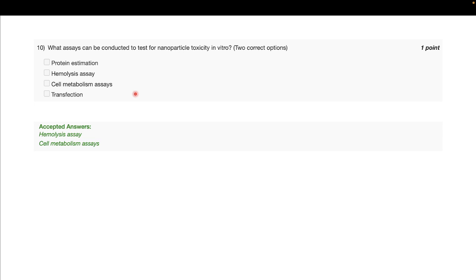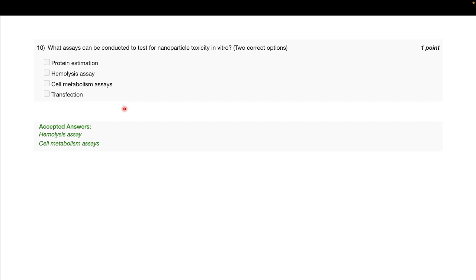Yeah, I have a question. Like, can we do transcription to check the toxicity of the nanoparticles? Okay. Can you tell me what is transfection? Transfection is introduction of any plasmid or any DNA to a mammalian cell line. Yeah, so that's what transfection is, right?